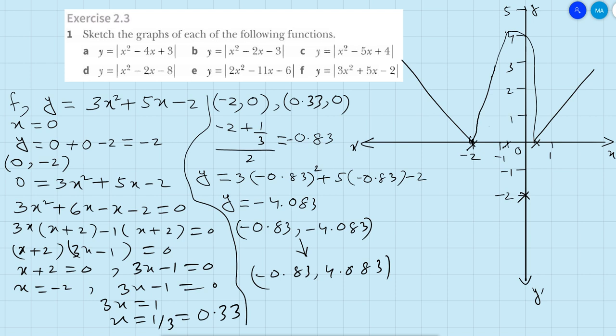X plus 2 is equal to 0, x is equal to minus 2. 3x minus 1 is equal to 0, 3x is 1, x is equal to 1 upon 3, 0.33. So minus 2 comma 0, 0.33 comma 0. No mistake. I am just checking, students. Now find the coordinate of maximum or minimum point. We just have to add both the values of x and divide by 2.